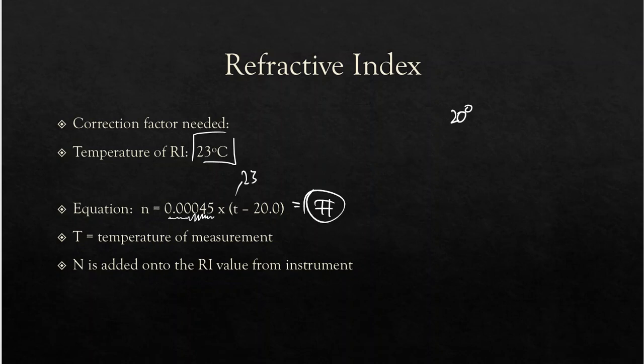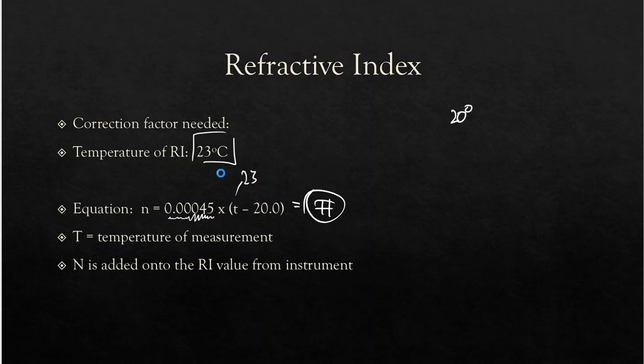Now, that number could be negative, that number could be positive. That really depends on the room temperature at which you've made your measurement. Typically, we're always higher than 20, so this will typically always be a positive number from the equation.